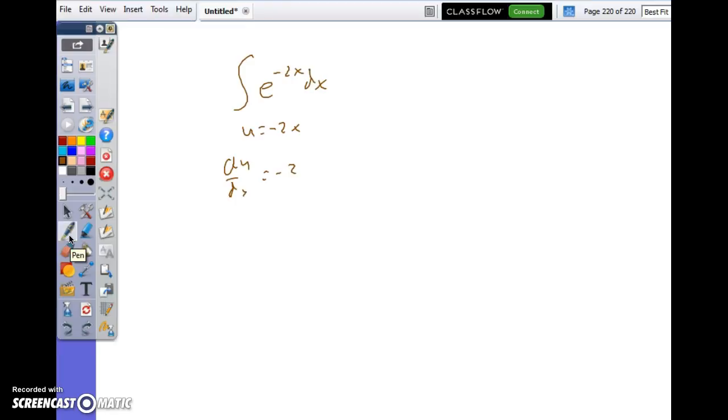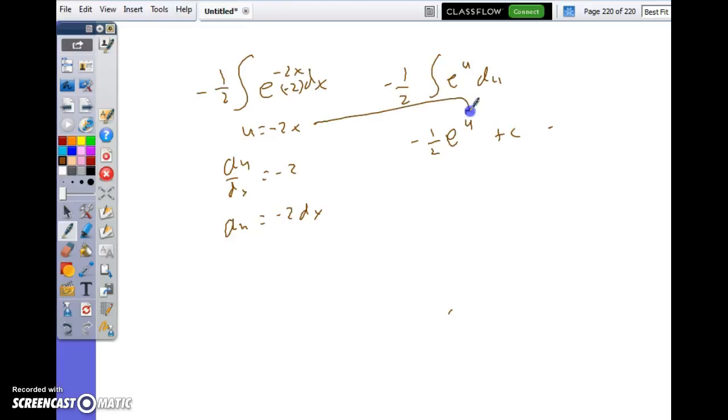So du equals negative 2 dx. I need a negative 2 here, so I put a negative 1/2 out in front. Then I can do negative 1/2 times the integral of e to the u du, which is just e to the u, negative 1/2 out in front, plus c, and then I put u back in.